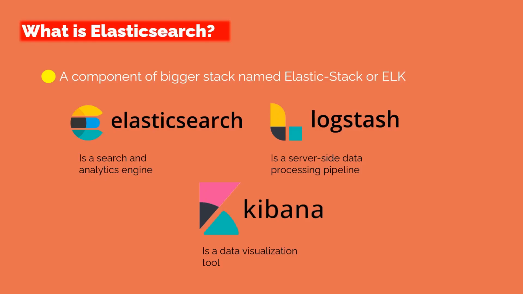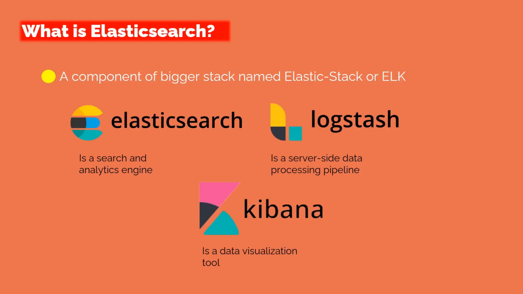The first one is Elasticsearch, which is a search engine. The second one is Logstash, which is a server-side data processing pipeline. So you can define the different data processing pipelines and apply them to the input data. The third one is Kibana, which is used for data visualization.